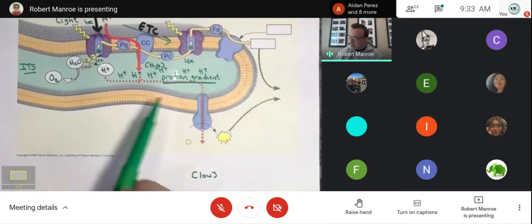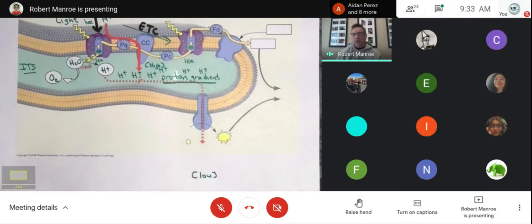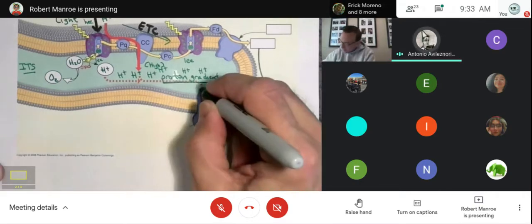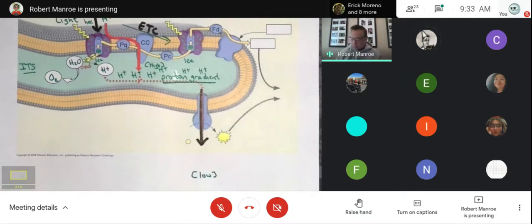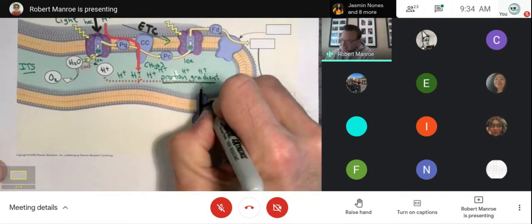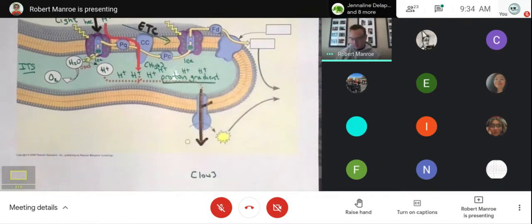So once you have a lot of protons in the thylakoid, what are the protons induced to do? People will say, what do the protons want to do? Fine. What do the protons do? They diffuse, they exit the thylakoid. Great, okay? Now, that diffusion of protons has a special name.